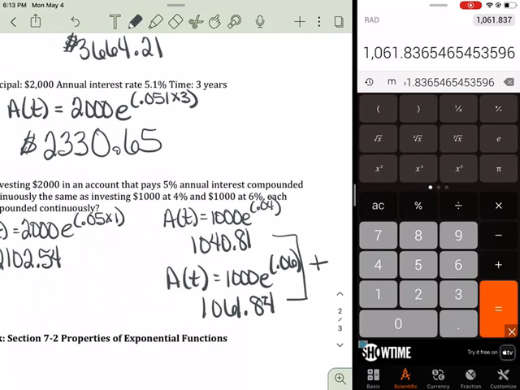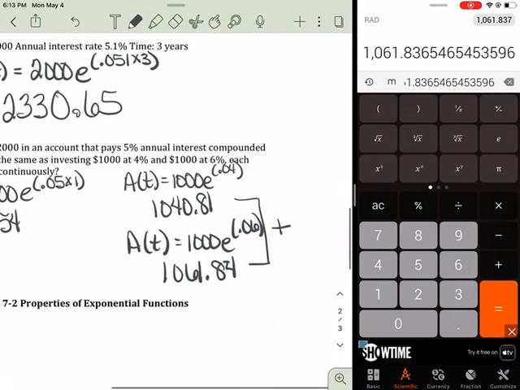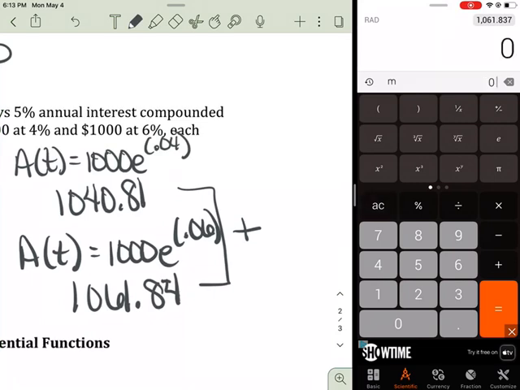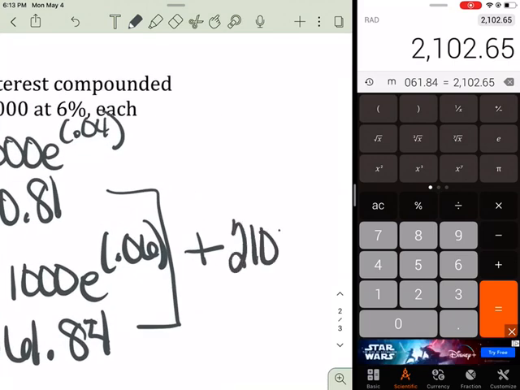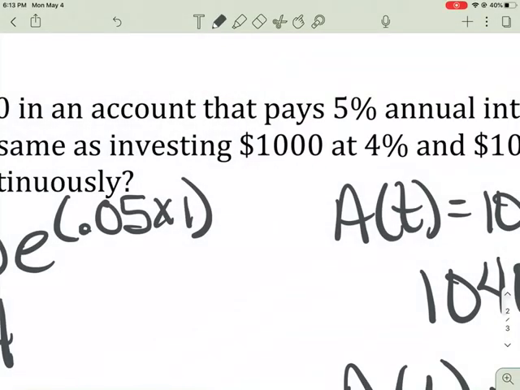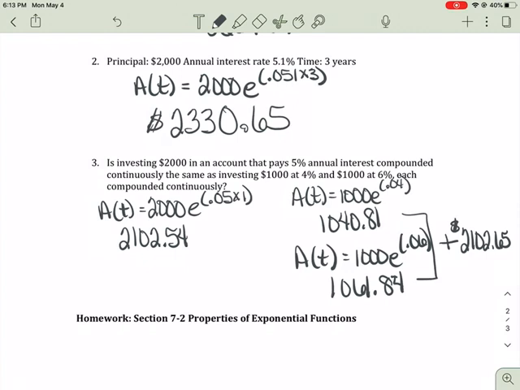All right, so if I take these two and add them together, do I get the $2,102? Okay, and I get $2,102.65. The answer is almost the same. The two separate ones is 11 cents more.